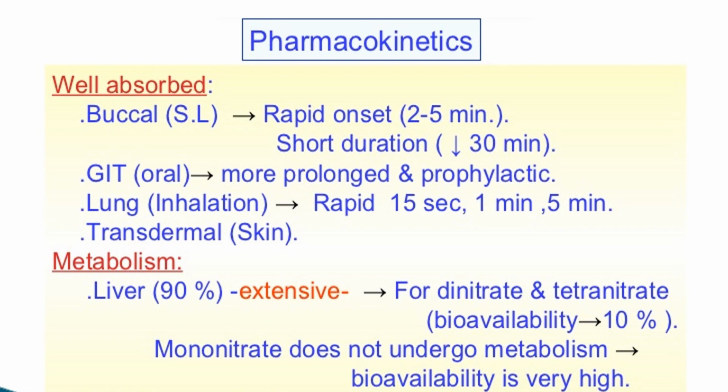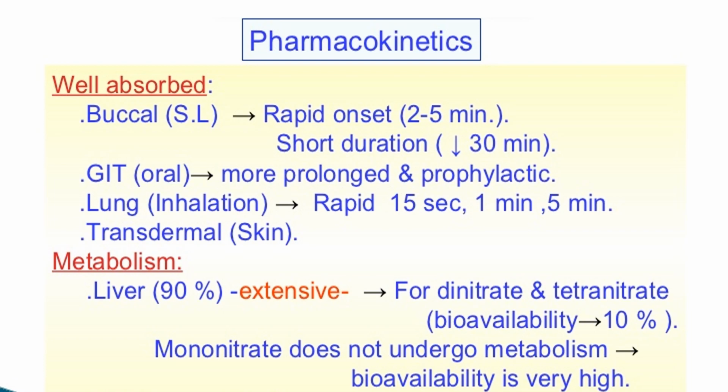Now we have to look a bit at the pharmacokinetics. Well absorbed, all the formulations sublingually, they have rapid onset and short duration. All the oral formulations have more prolonged and prophylactic action. The spray form or inhalation form also have rapid action, 15 seconds, 1 minute, 5 minutes.